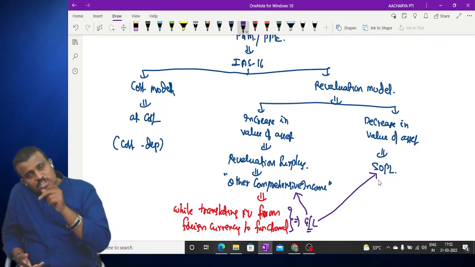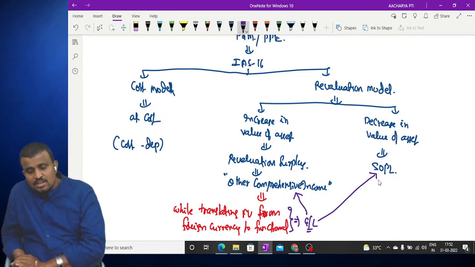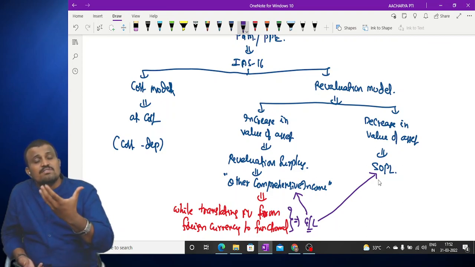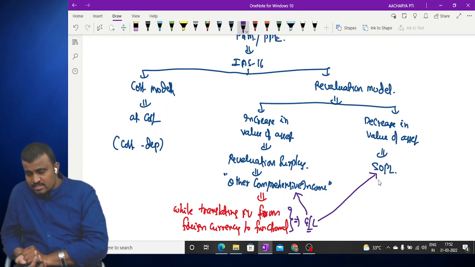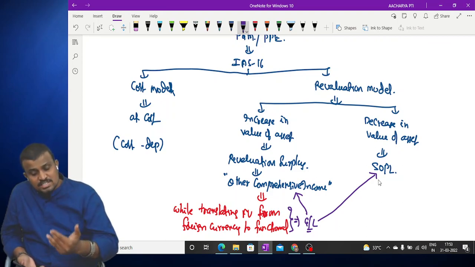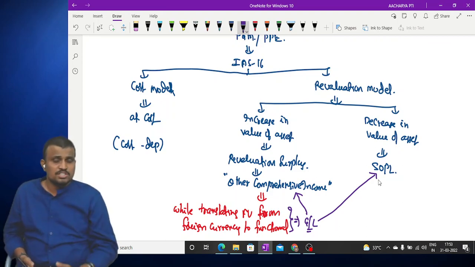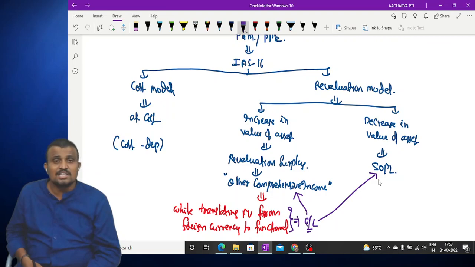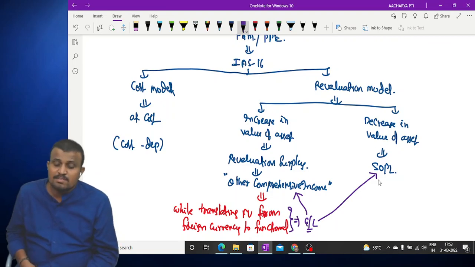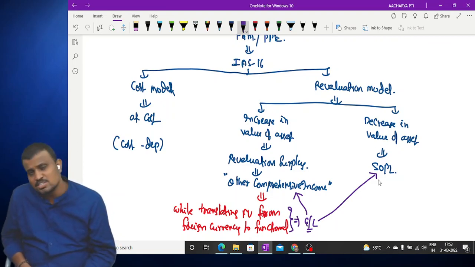A change in fair value results in either an increase or a decrease in value. An increase is transferred to revaluation surplus and shown under other comprehensive income. A decrease is treated as a loss and transferred to the statement of profit and loss.